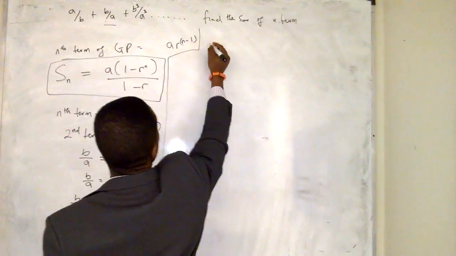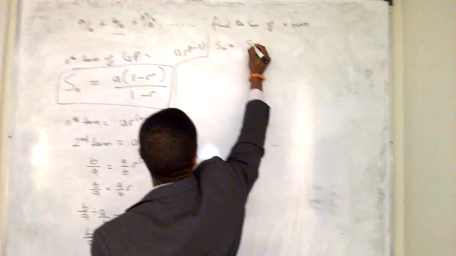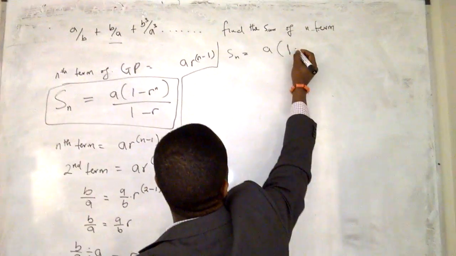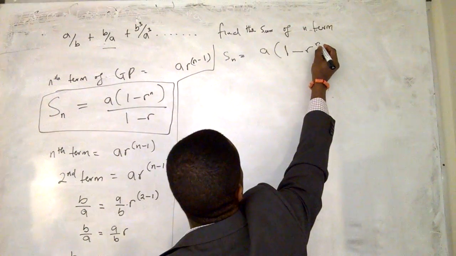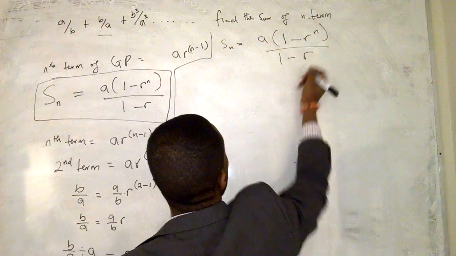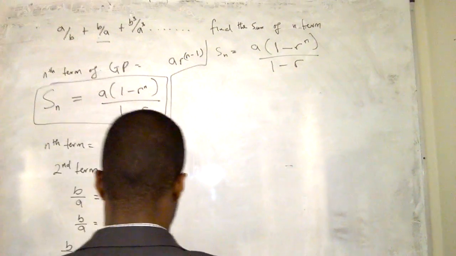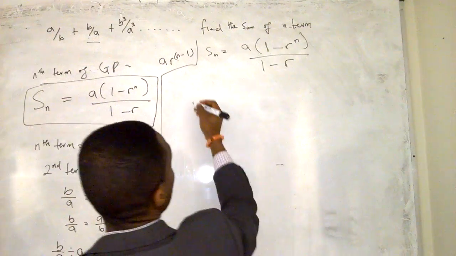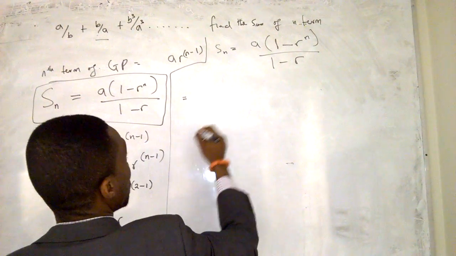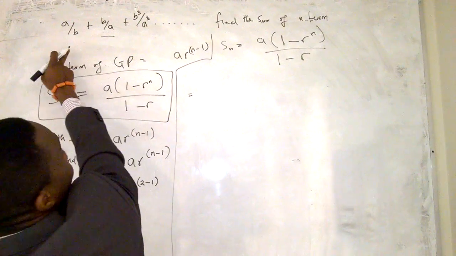to find the sum of n terms, we know that the sum of n terms is going to be something like this: A(1 minus R^n) over 1 minus R. We know our A is the first term, as we said earlier.